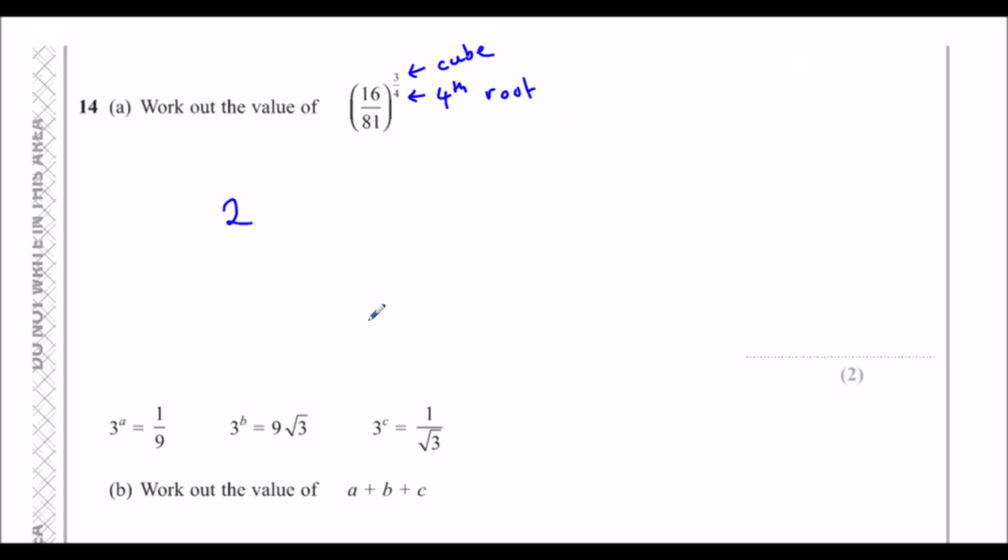That's 2. 2 times 2 times 2 times 2 is 16. And for 81, that's 3 times 3 times 3 times 3. So the fourth root first, and then cube it. So 2 cubed, 2 times 2 times 2 is 8, and 3 cubed, 3 times 3 times 3 is 27.